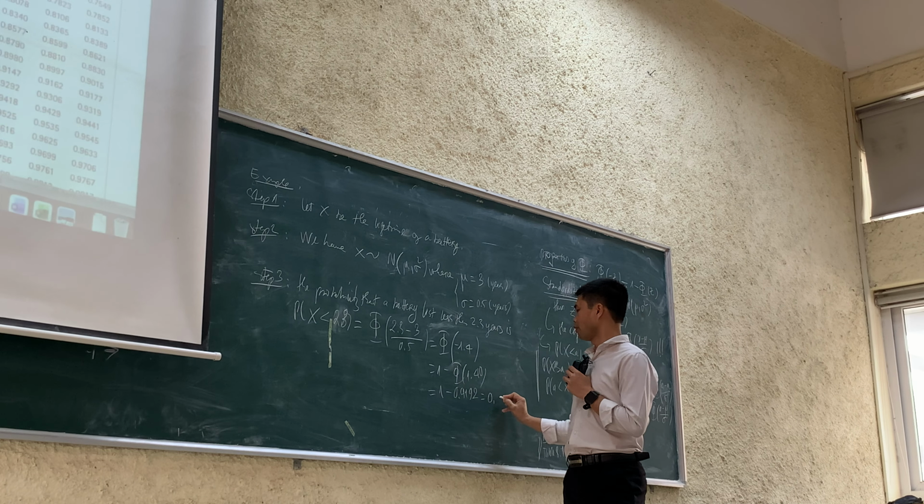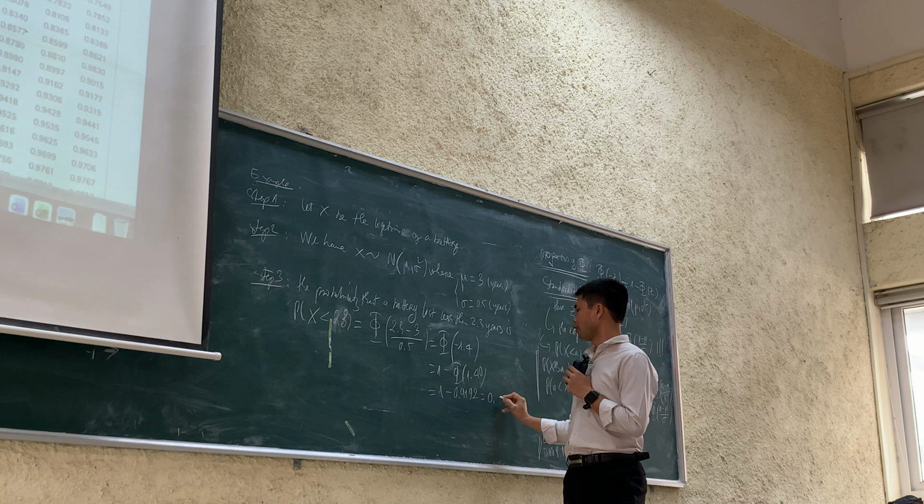What is the conclusion? 8.08% of batteries have a lifetime less than 2.3 years. Right? We explain it this way so farmers can understand this data. We conclude that 8.08% of batteries have lifetime less than 2.3 years.